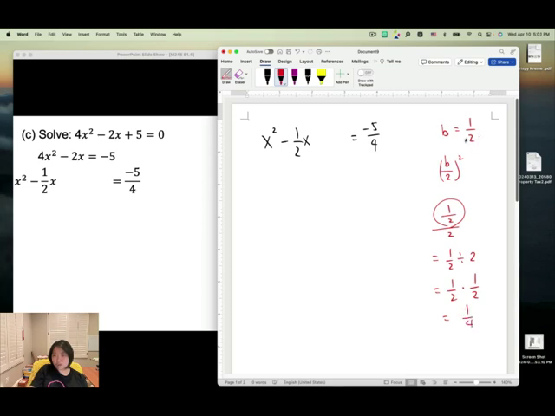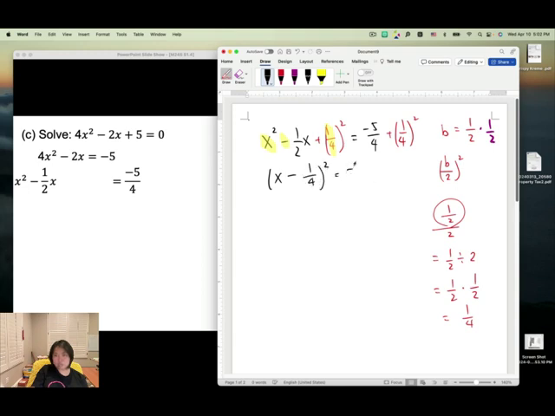Okay, so when you have a fraction, you could think of it as just multiplying by 1/2 here. Just like here. So this is what we want to add: 1 over 4 squared. Then we will have x minus 1 over 4, so x minus 1 over 4 squared.